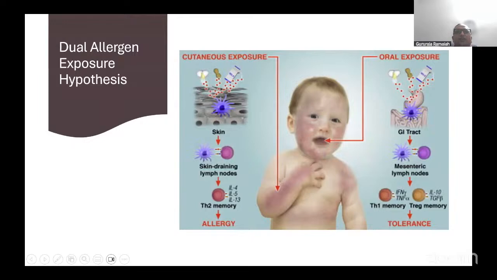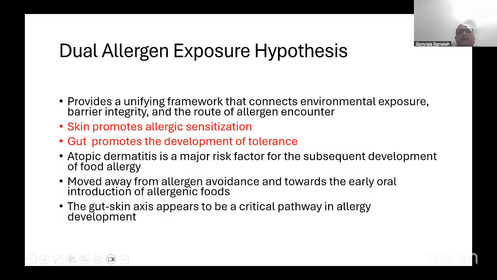So this dual allergen exposure hypothesis is very important and provides a unifying framework that connects environmental exposure and barrier integrity. The route of allergen exposure can explain the development of food allergy. This theory shows that the immune outcome is determined by the site and dose of the allergen exposure.